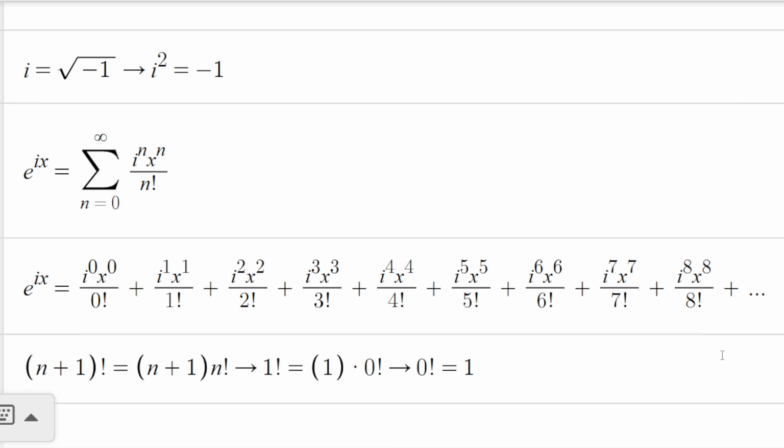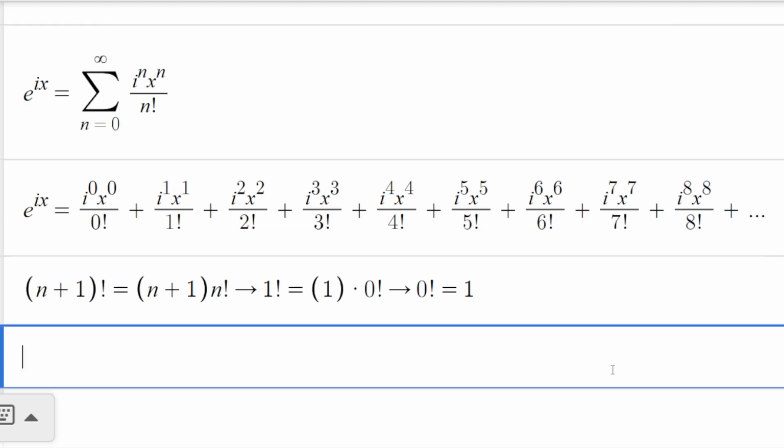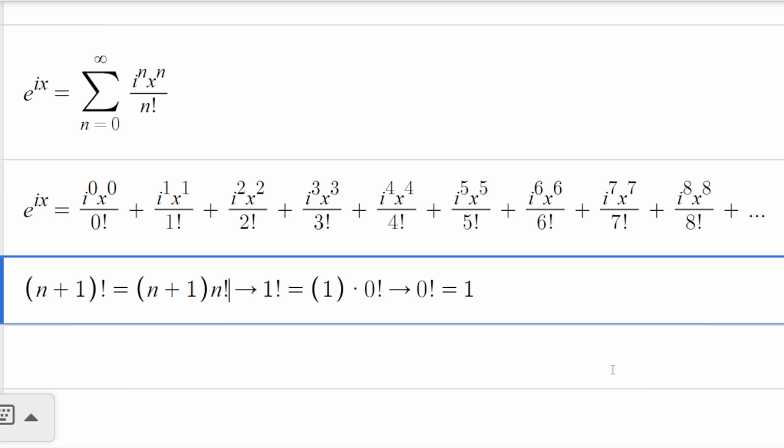Okay. Next, let's show that 0 factorial is equal to 1. Well, we should know this: n plus 1 factorial is equal to n plus 1 times n factorial. That's the recursive definition of the factorial identity.